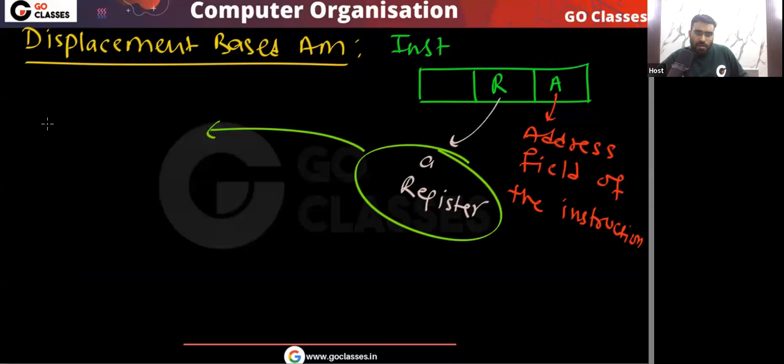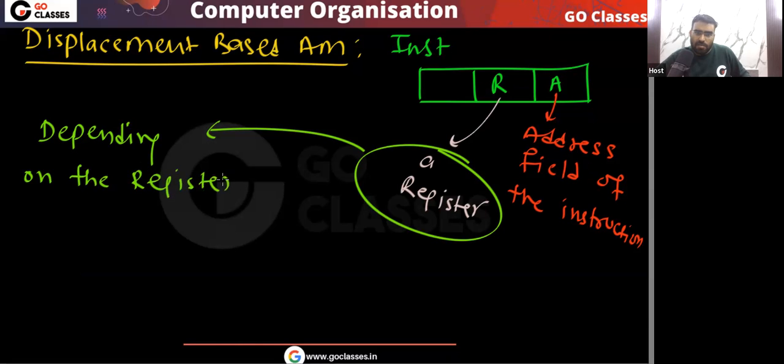So remember, depending on this register, you have three addressing modes. In all these three addressing modes, what is the difference?